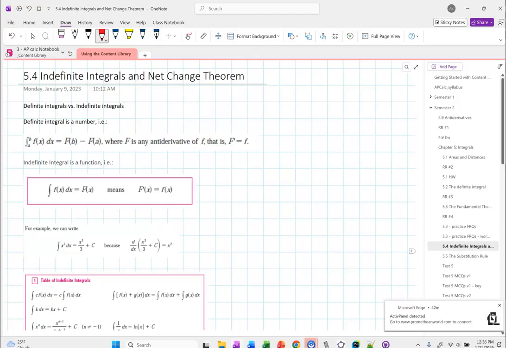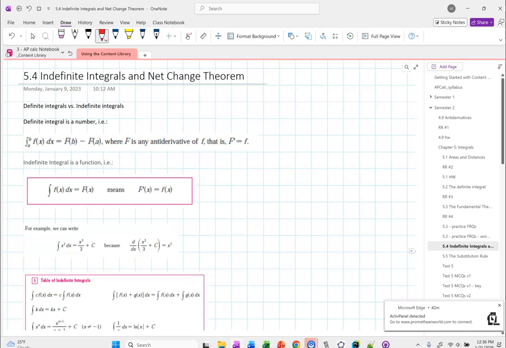The indefinite integral has no bounds, that's how you know it's indefinite. It's just the integral of f of x dx, which is now, instead of a number, a function. That function is the general antiderivative for f.